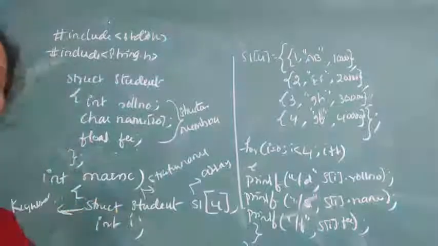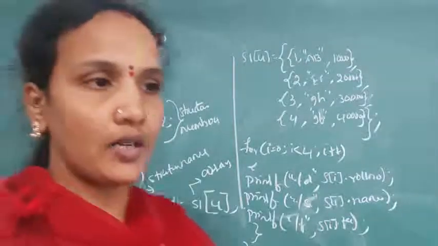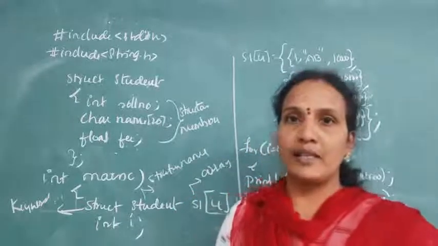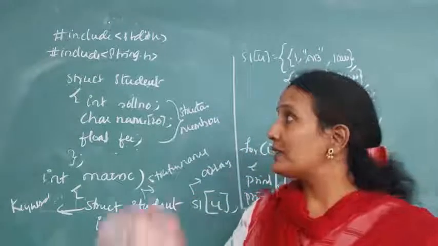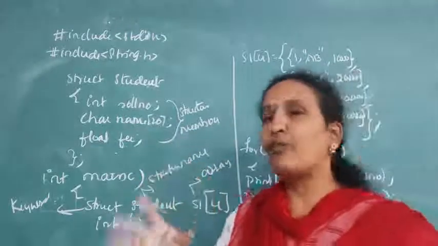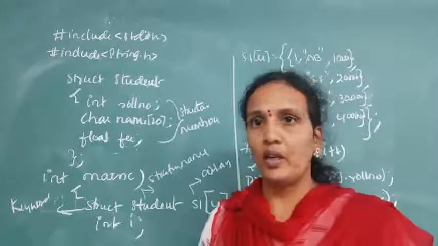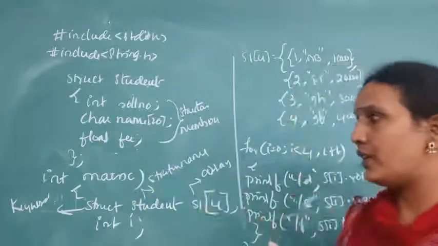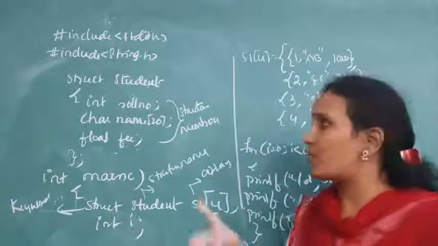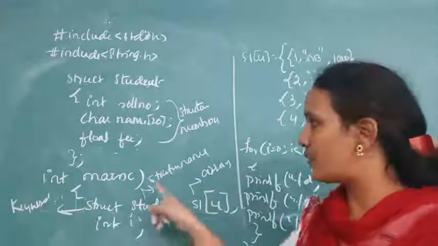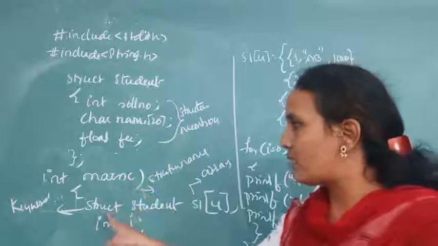Okay. So this is an array of structure. So when more than one variable wants to access the same structure, then instead of declaring different variables, you can manage with an array. So when you want to use an array of the structure, first you should declare in the main function struct student.